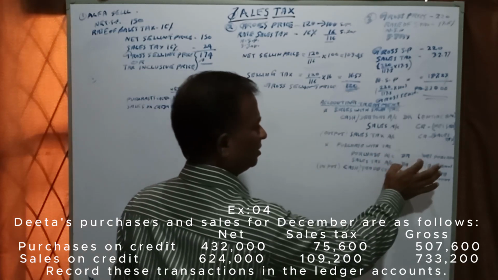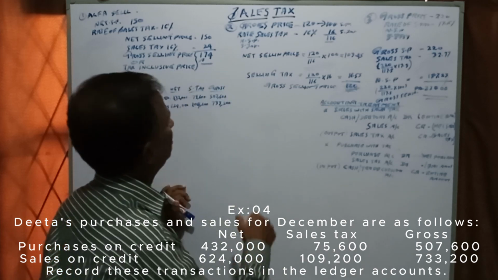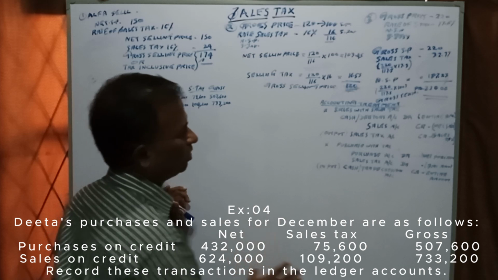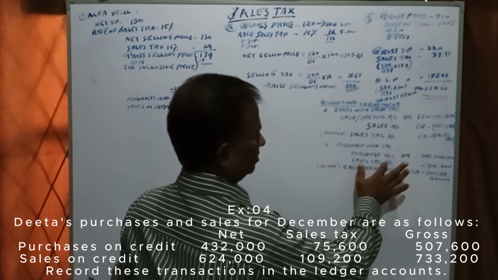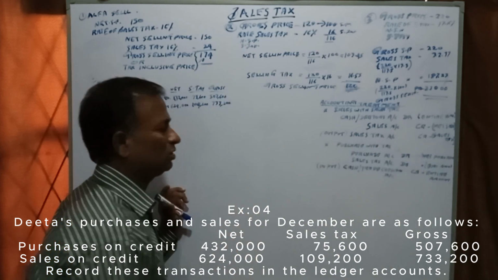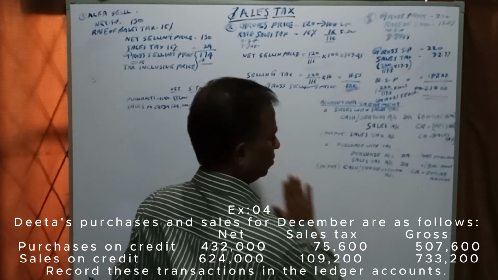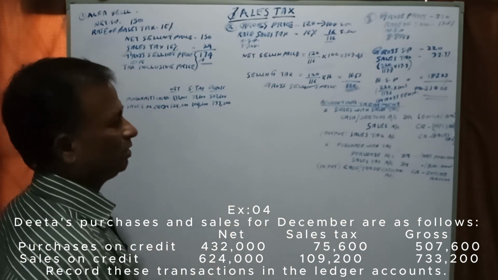The purchase account is debited with the net purchase value, net amount, right? Sales tax account is debited with the tax portion, and cash or trade creditors account with the total amount, entire amount, that means gross amount.